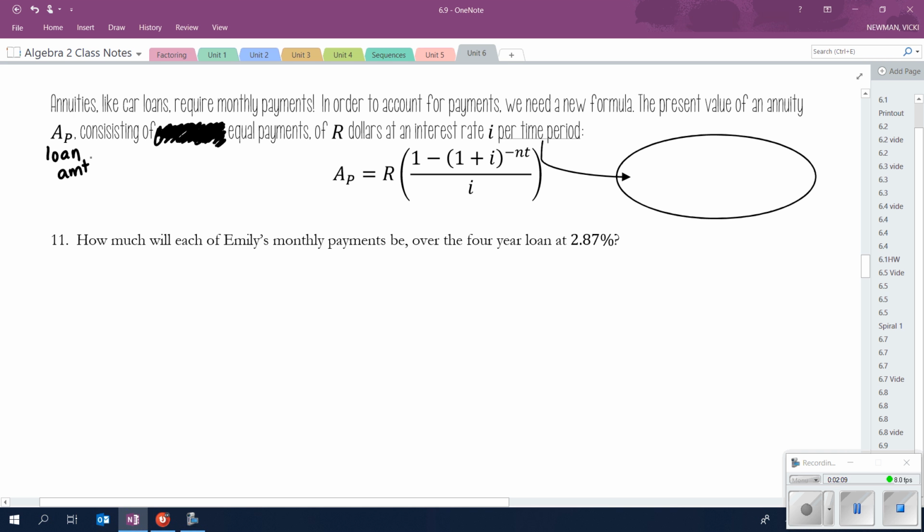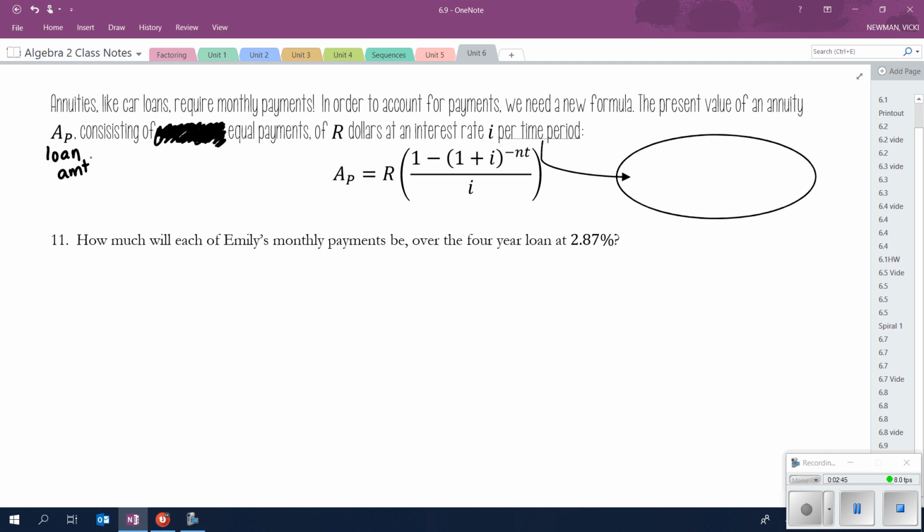So are you buying a $200,000 house? Are you buying a $25,000 car? How much is your loan? Consisting of equal payments of R dollars at an interest rate per time period. So what letter do you not see in here that we typically see? Usually we have a present value. What else? N is in the exponent.